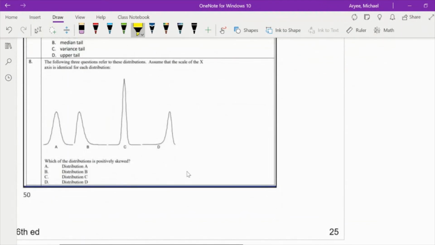Okay. Actually, let me look at this first before we go on. Now, when you look at this question, this looks symmetrical, right? This looks skewed to the right. These look symmetrical, and then this looks skewed to the left because the long tail is on the left, long on the left, long on the right. All right, so this says which one is positively skewed, so that would be B. Right, the long tail is on the right.